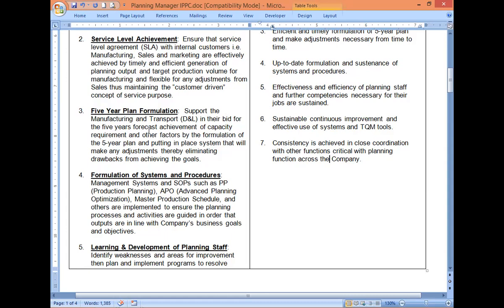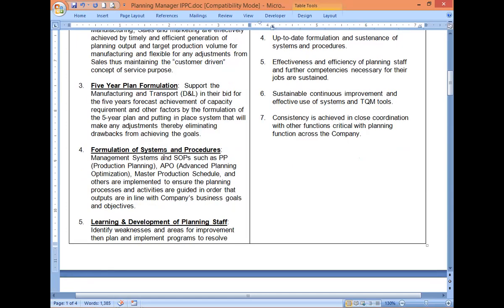So they are providing the forecast, but the one who is planning is the planning department for the capacity of manufacturing and transport. Okay, I think we're clear on that. And other factors by the formulation of the 5-year plan and putting in place a system that will make any adjustments, thereby eliminating drawbacks from achieving the goals.